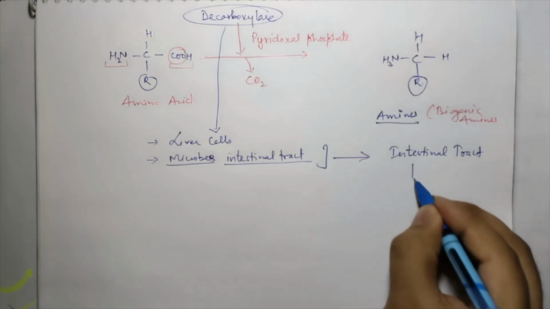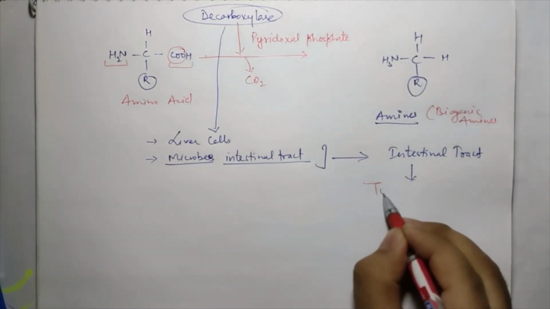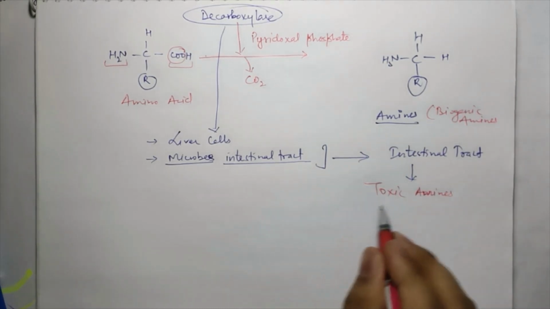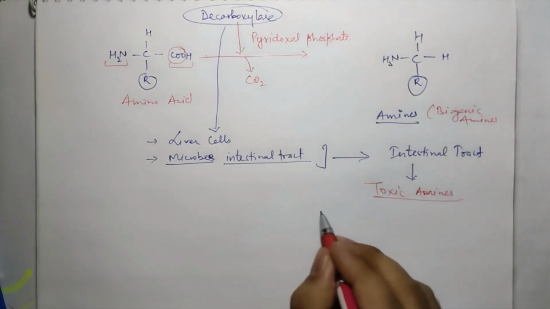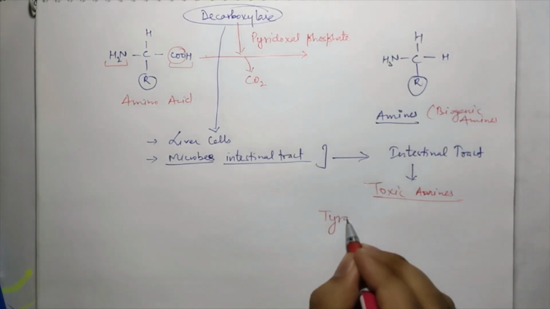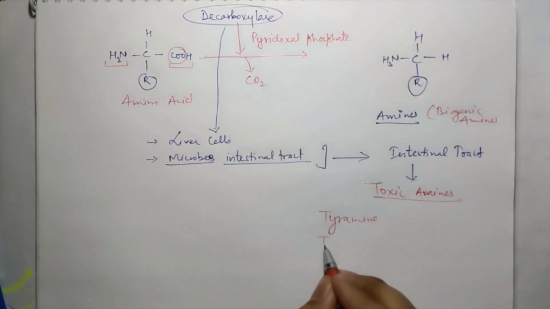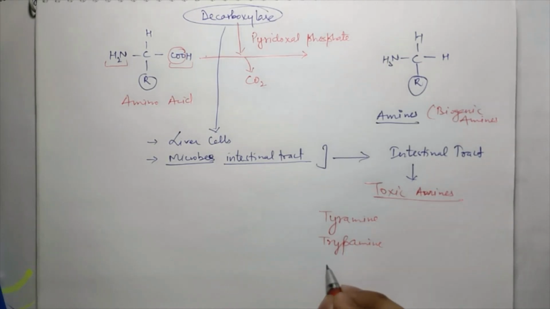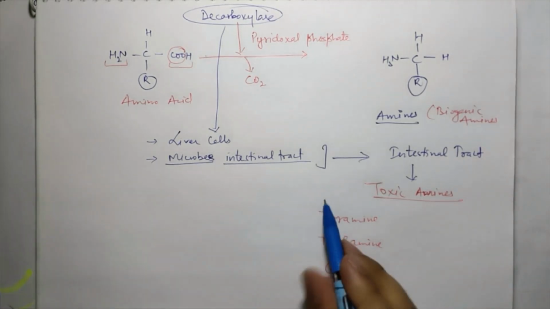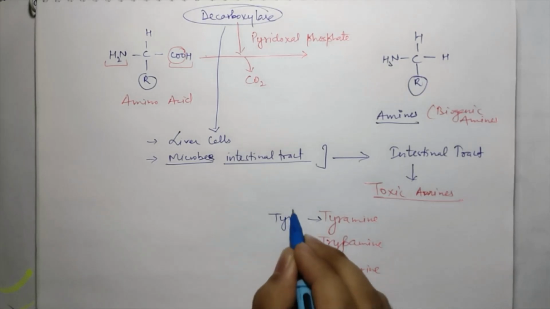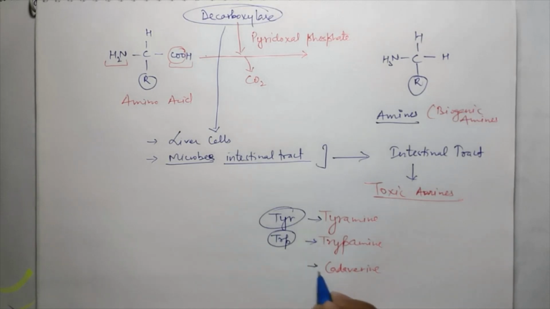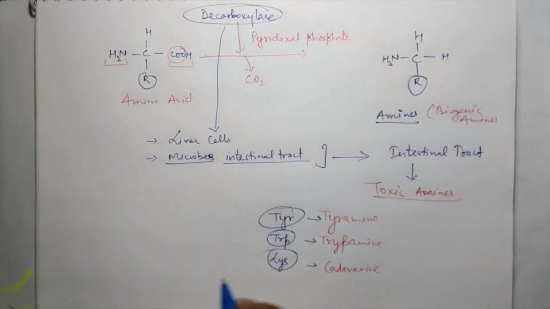Examples of these toxic amines are tyramine, tryptamine and cadaverine. Tyramine is derived from the amino acid tyrosine, tryptamine is derived from tryptophan, and cadaverine is derived from lysine.